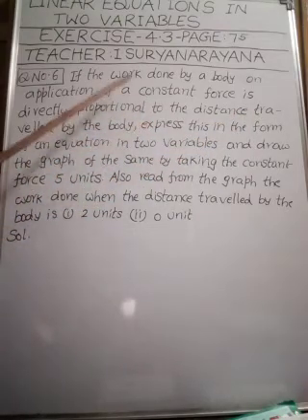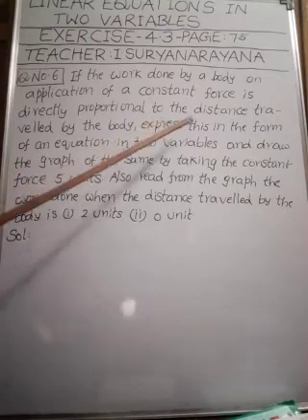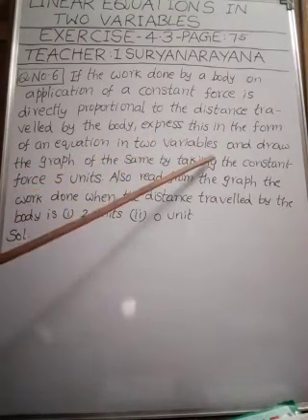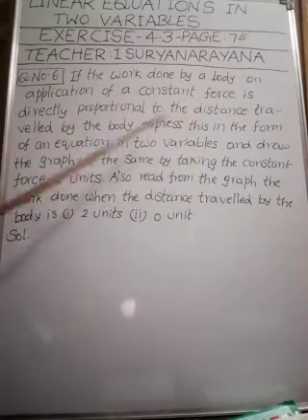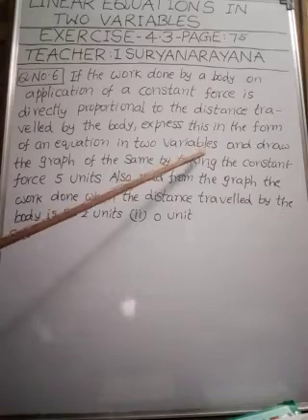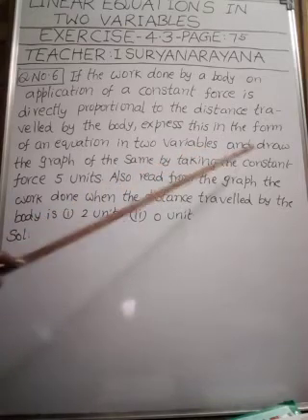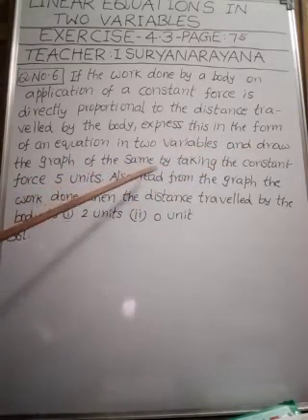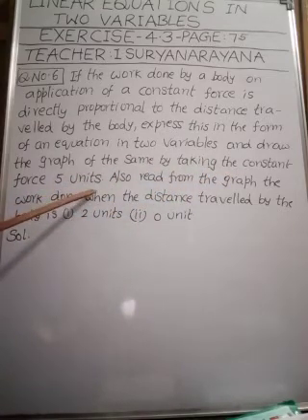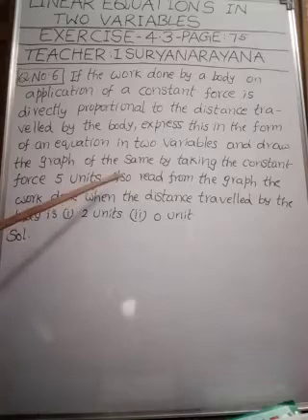Okay, my children, understood this statement? Express this in the form of an equation in two variables. We have to write this sentence in the form of an equation in two variables. Understood this point, my children? And draw the graph of the same by taking the constant force 5 units. Okay, my children, understood?